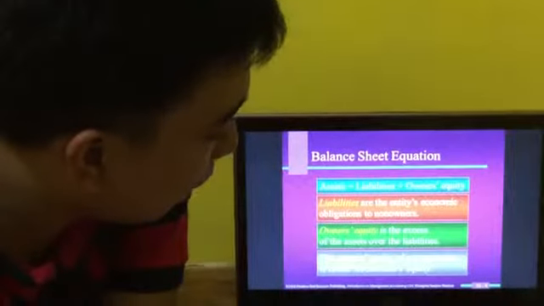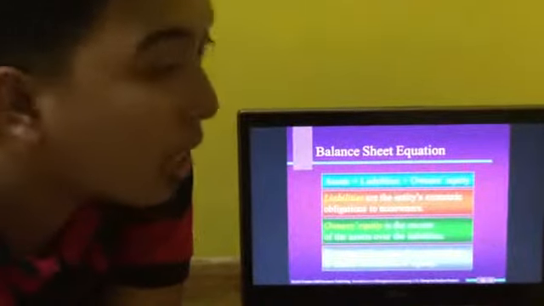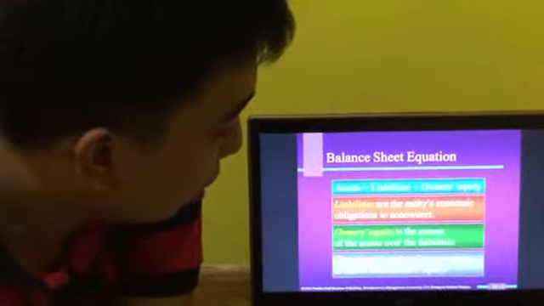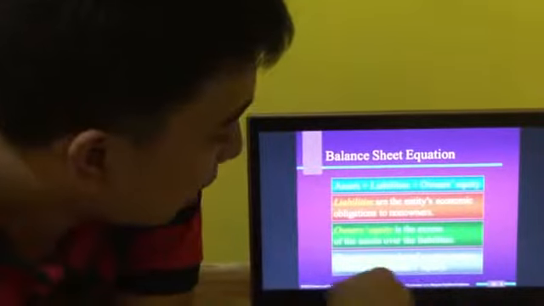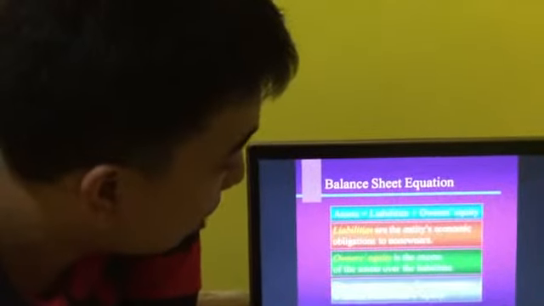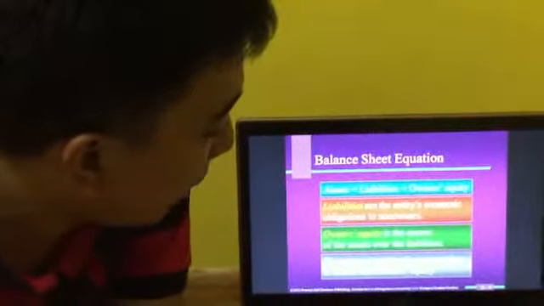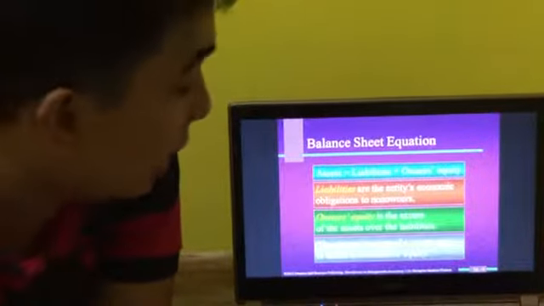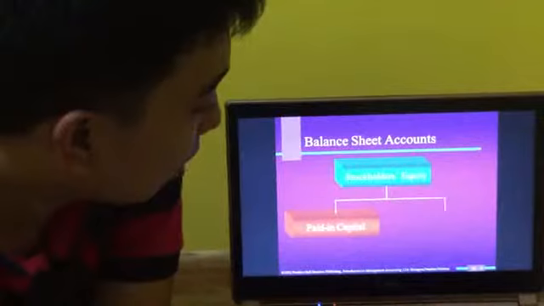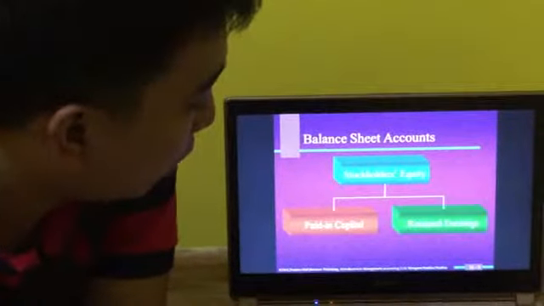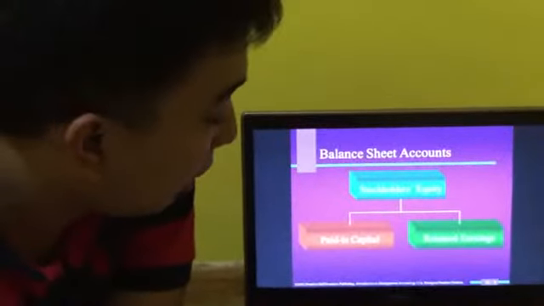The owner's equity of a corporation is called stockholders' equity. So if the business is a corporation, stockholders' equity is used, while if it is a sole proprietorship, it's owner's equity. And then balance sheet accounts. Stockholders' equity is composed of two: the paid-in capital and the retained earnings.